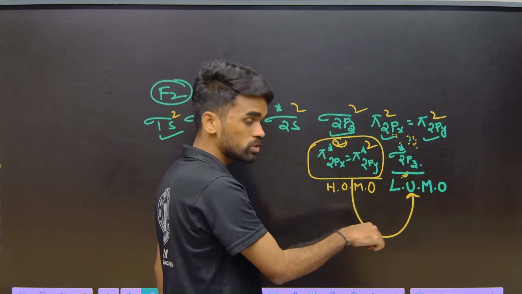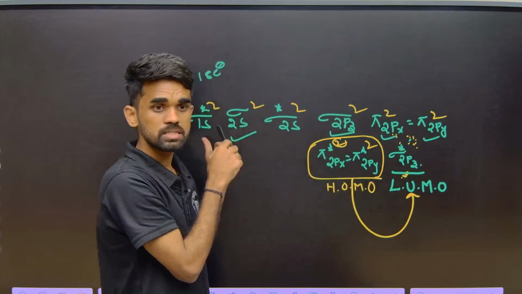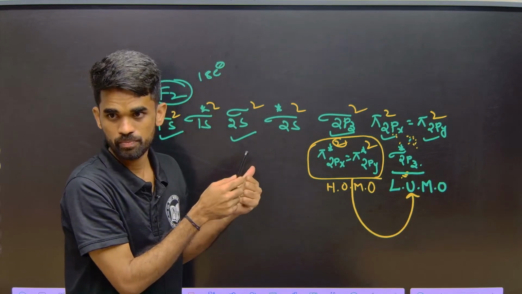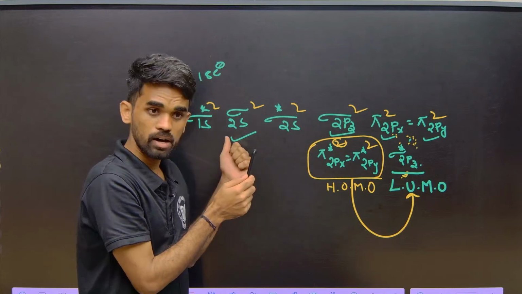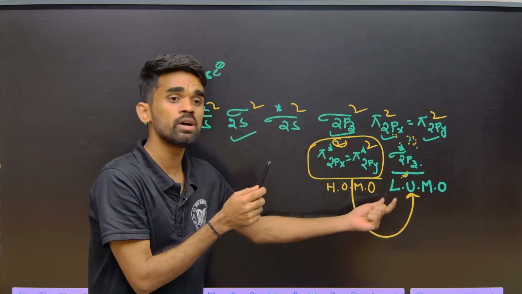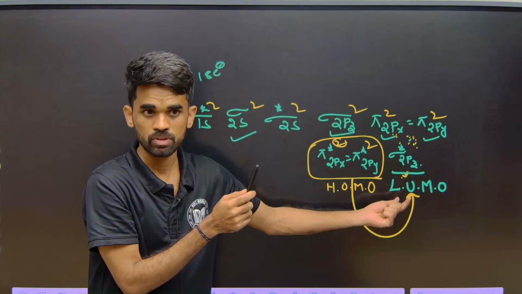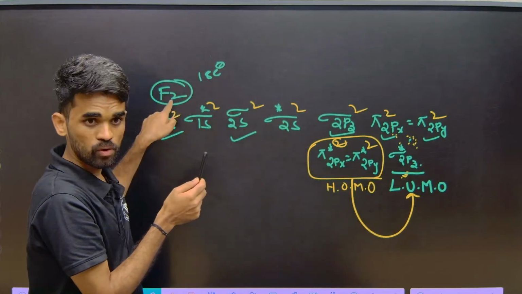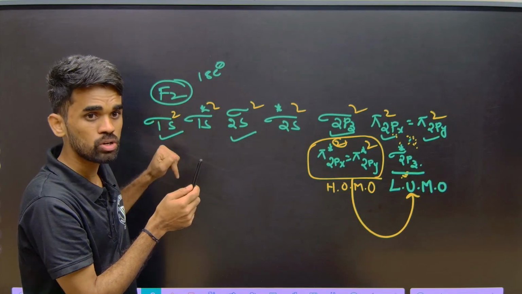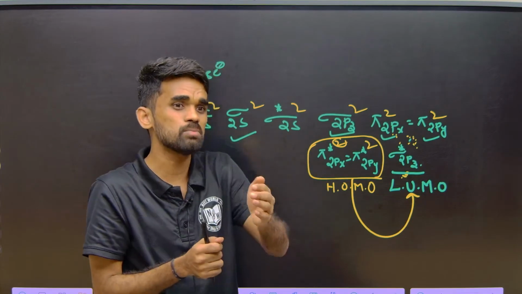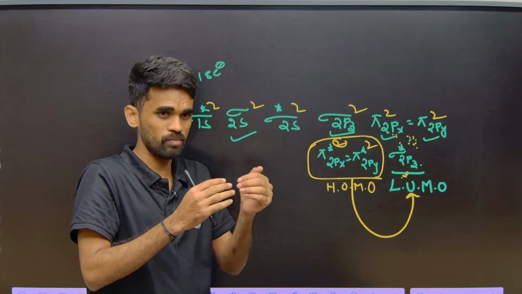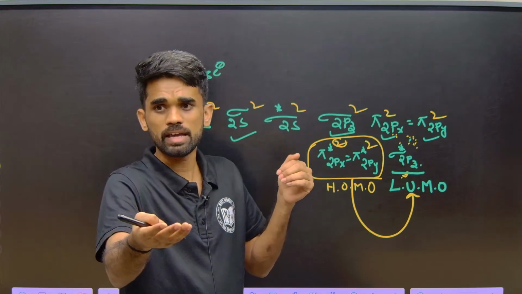Due to this reason, halogens exhibit color. So what is the reason for color? HOMO-LUMO electronic transition. Fluorine, chlorine, bromine will show color. Iodine, you are seeing violet color. They absorb low energy waves, that is wavelength, and emit high energy wavelength.